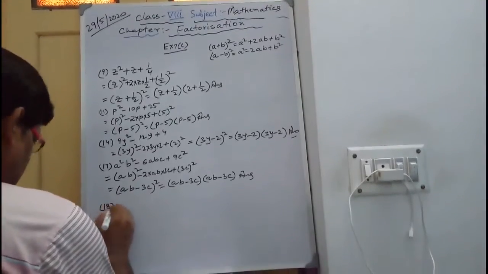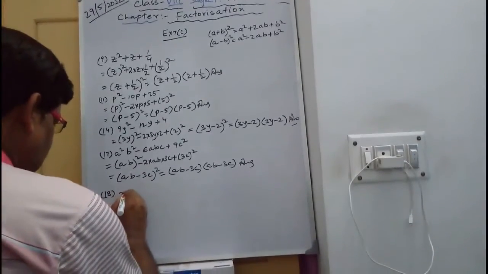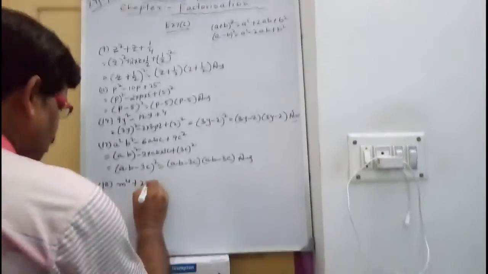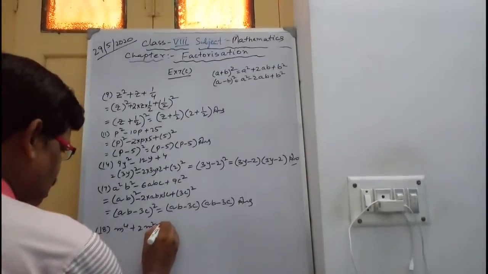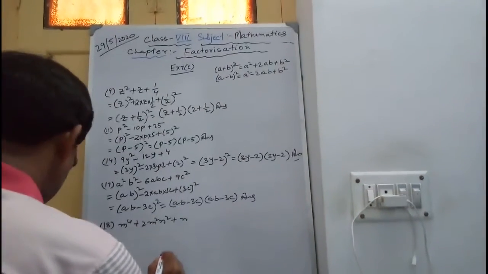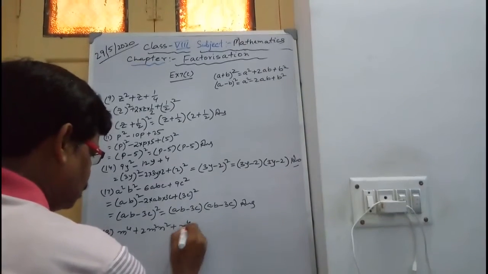Sum number 18, m to the power 4 plus 2m square n square plus n to the power 4.